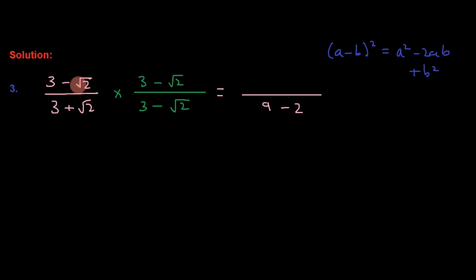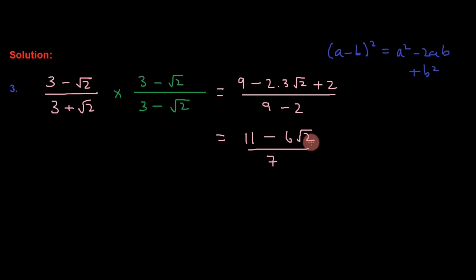So applying this to the numerator, we have the first term squared, minus twice the first term, so twice 3, times the second term, and then plus the second term squared, so root 2 squared. So we have 9 plus 2 here in the numerator, which is 11, minus 6 root 2. And this is all over 9 minus 2, which of course is 7.